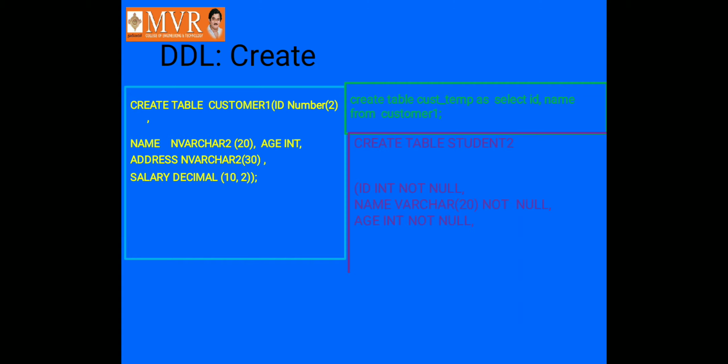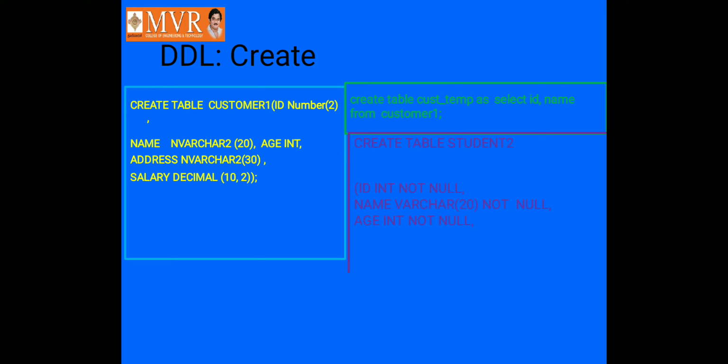The create command in DDL: whenever you want to create a table, because you are collecting data, you cannot write directly in table format. On paper you can draw a table and its fields, but in the system you have to write create table, then the table name you have to give.